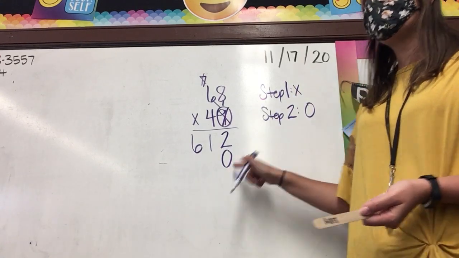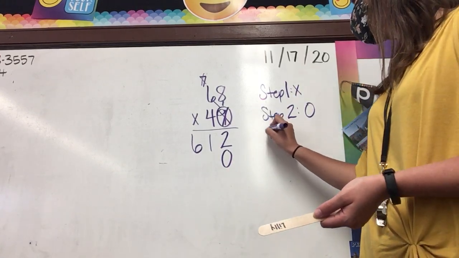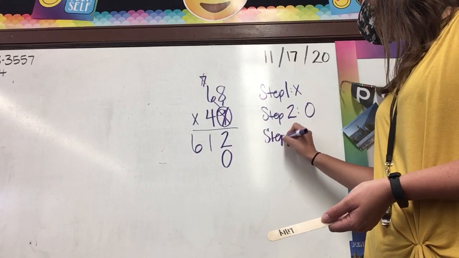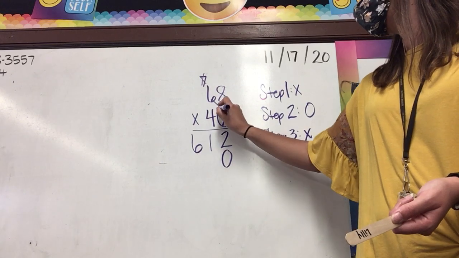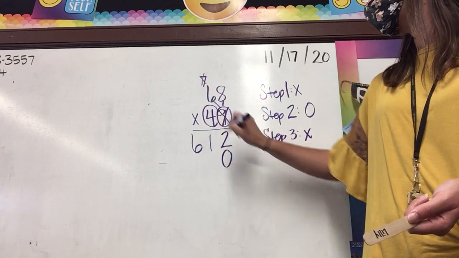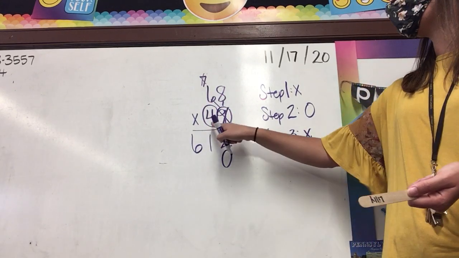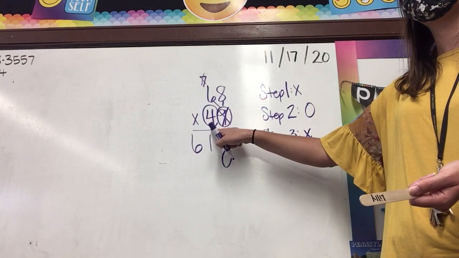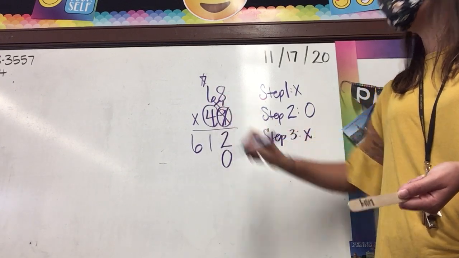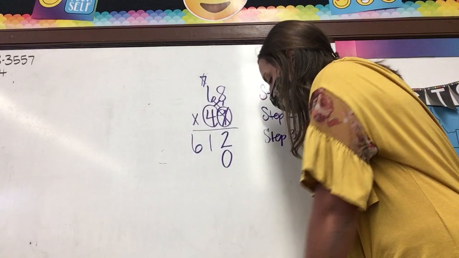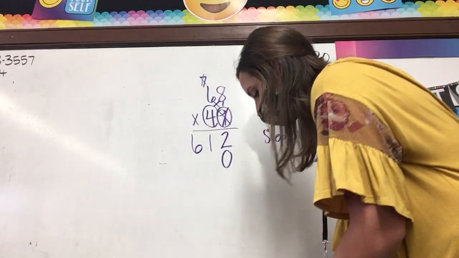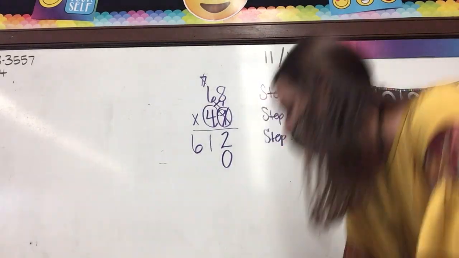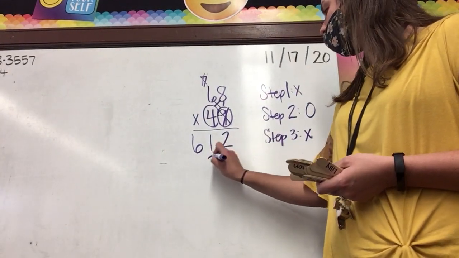Lily, I've got my 0. What's my step 3? Good. And what am I going to multiply first? The 4. 4 times what? 4 times the 8. I'll take hands this time. 4 times 8. Riley? 32. What do I do with my 3?